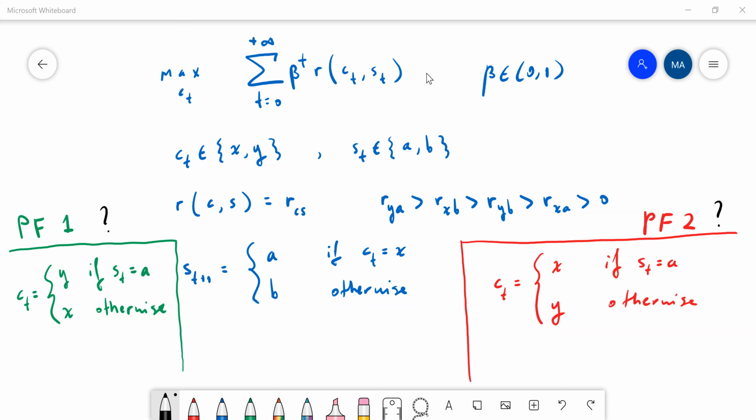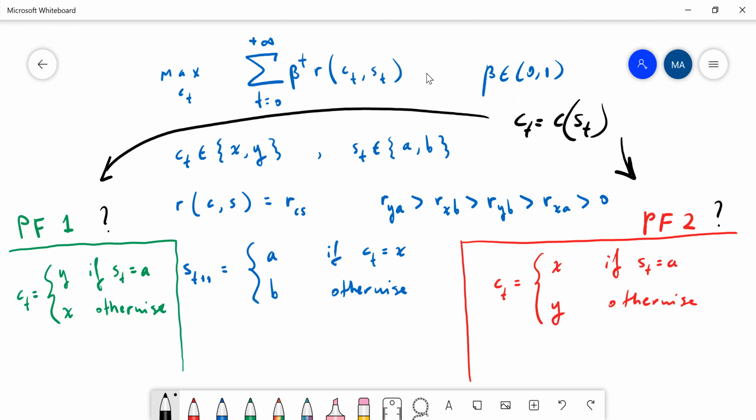Then you have 2 options. If you think simplistically, we want to find a non-stochastic policy function that depends only on the state, as always. Then you have 2 options, either policy function 1 or policy function 2, because these are basically reverse.